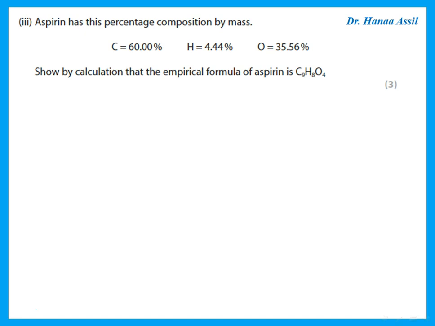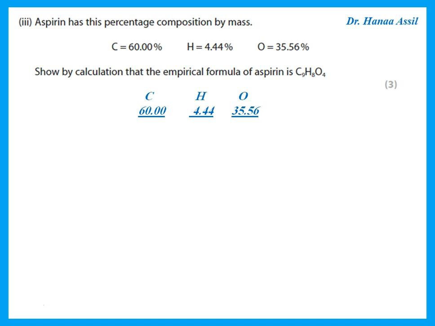Aspirin has this percentage composition by mass. Show by calculation that the empirical formula of aspirin is this. How do we calculate empirical formula from percentages of the elements? Remember, we write the percentages. Carbon is 60, hydrogen 4.44, oxygen 35.56. And then we go through two main steps.